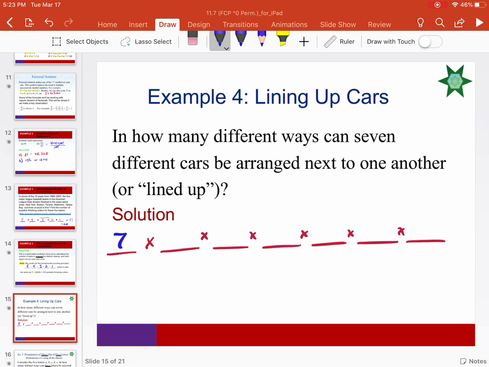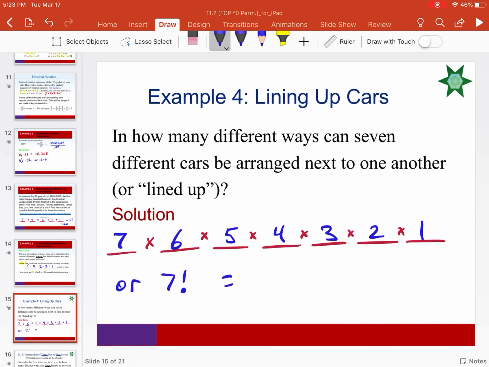You could have got, I have 7 choices for the first spot in my car lot. Then I have 6, and then I have 5 choices left. And then 4, 3, 2, 1. Okay? Or once you realize that they were decreasing by 1 each time, you're going to go, hey, this is the factorial.